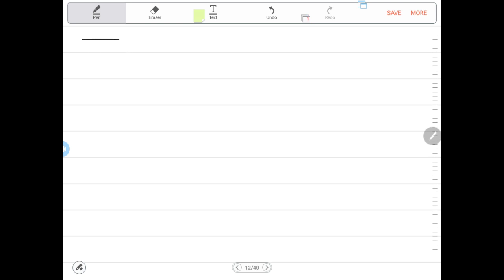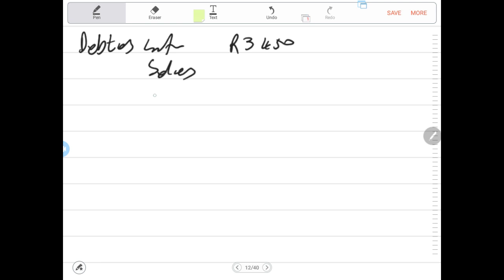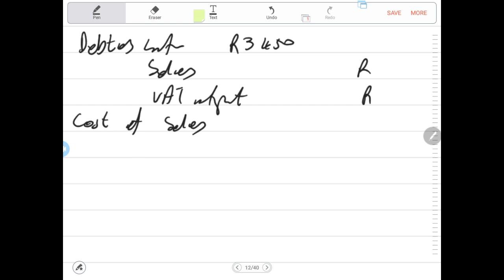Then we have debtor's control as a debit, 3,450. We have our sales, we have our VAT output, and we will see how much these figures are. Then we have cost of sales and trading stock.